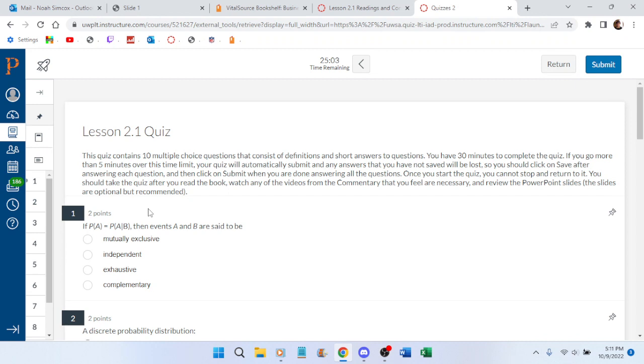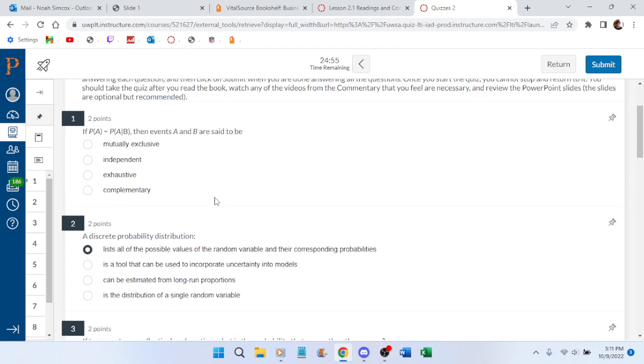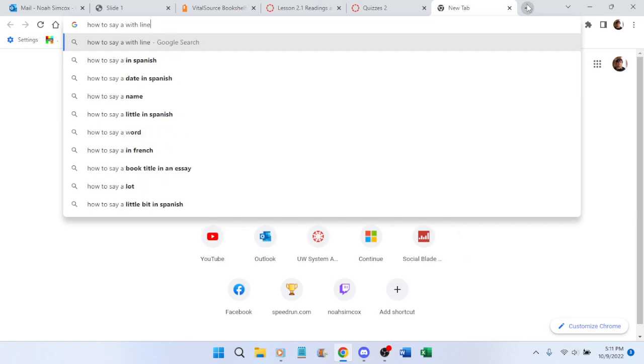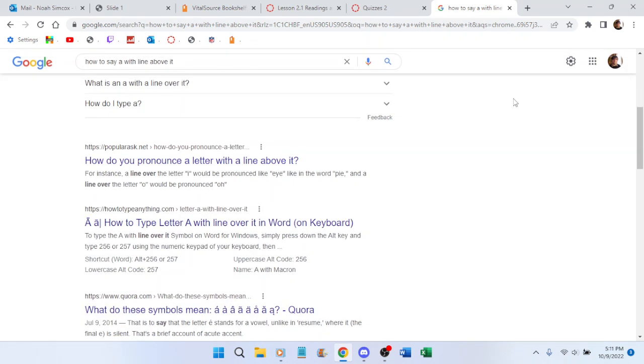So probability of A equals probability of A given B. I'd say independent because I was confused because it didn't say both A, B, and A given not B. I'm saying not B. I don't think that's the proper way to say it. How to say A with line above.